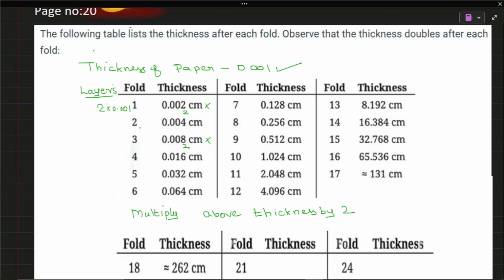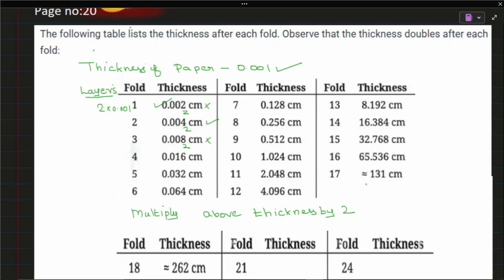1 fold, 2 layers, so you will get the thickness by 2 multiplied by this 0.001. Now in the second fold, this thickness will be doubled. That is, you have to multiply by 2 to get the second fold thickness. Now again, you will get the third fold thickness by multiplying this answer by 2. So every time you will get the answer by multiplying the above thickness by 2.